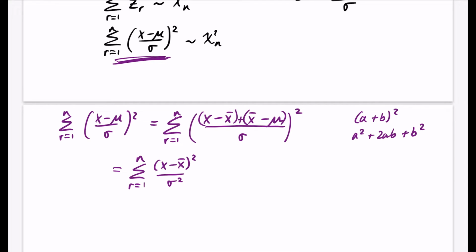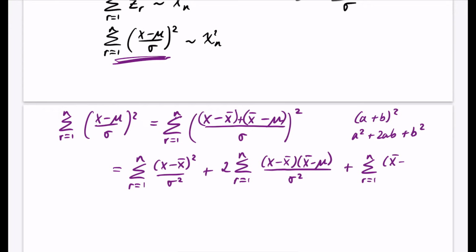Now for the next part, because it's 2ab, two lots of the sum from r equals 1 to n of x minus x bar times x bar minus mu, all over sigma squared. So I'm doing that 2ab part. And then the last part is the b squared, which is going to be the sum from r equals 1 to n of x bar minus mu, all squared, over sigma squared.